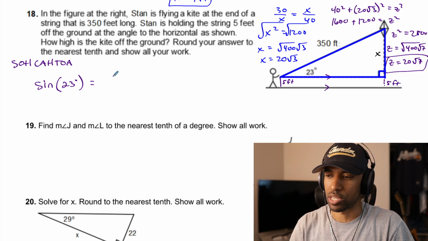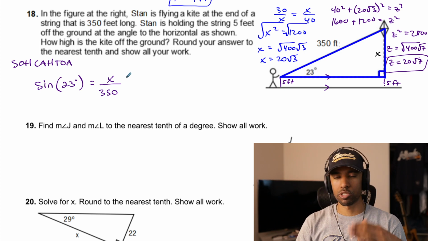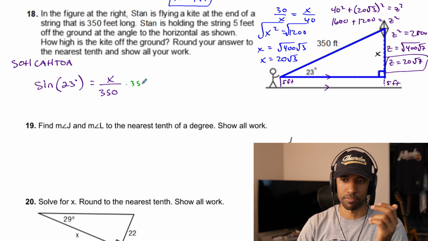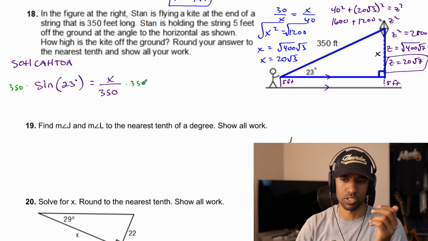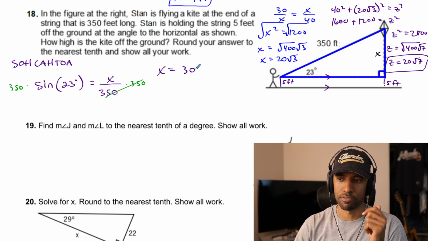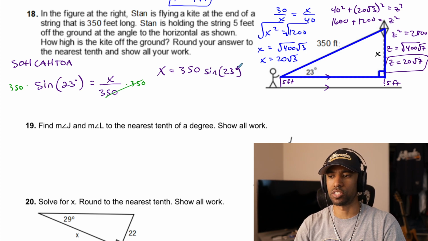Sine of 23 degrees is opposite over hypotenuse. That is our setup. Now I can multiply both sides by 350 to get X by itself, right? So times 350 on this side, times 350 on this side. And we will get X equals, as an exact answer, 350 times the sine of 23 degrees. All right, so there's the setup there.